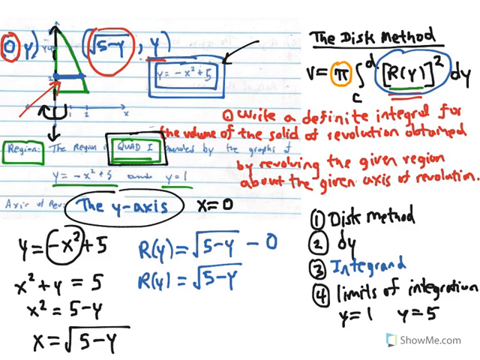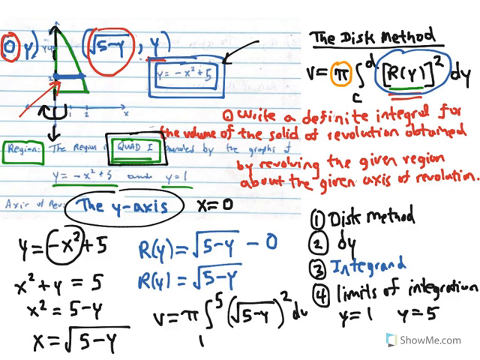So now our definite integral that will give the volume of this solid of revolution is, volume is equal to pi times the definite integral. The limits of integration are from y is equal to 1 to y is equal to 5. And the integrand is going to be r of y squared. So r of y is the square root of 5 minus y, and then I have to square it.